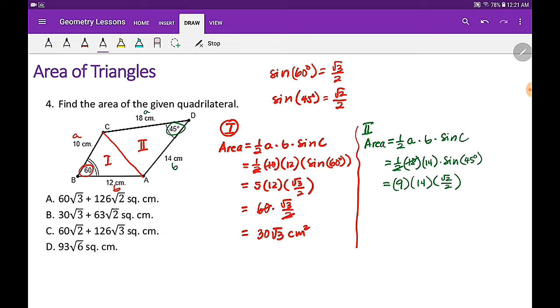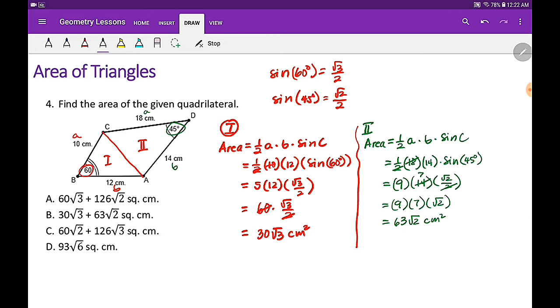Let's again simplify: 14 and 2, that's going to be 7. It's going to be 9 times 7 times square root of 2. So 9 times 7 is 63 square root of 2. No longer do anything with that, it's going to be square centimeters.